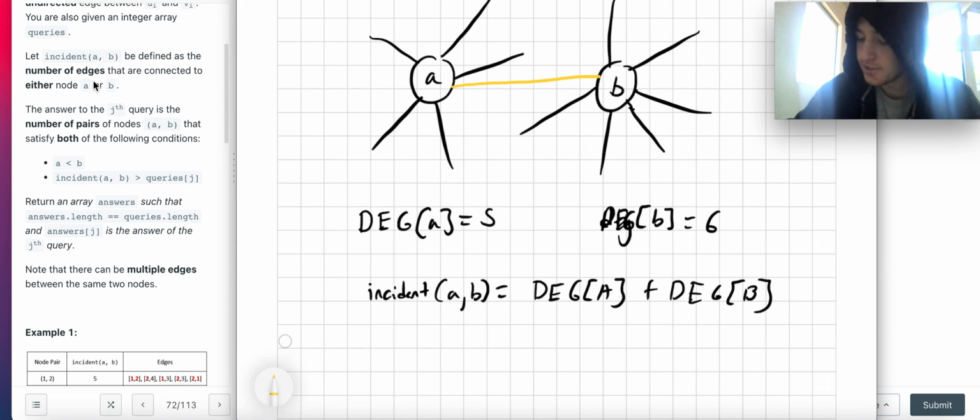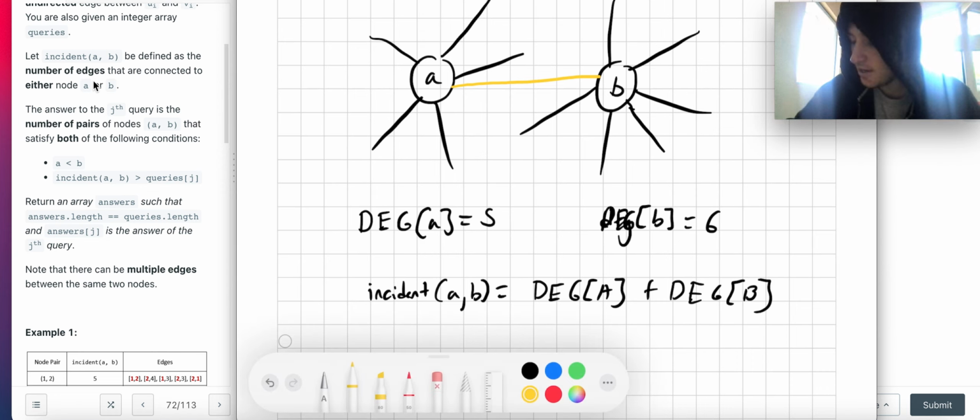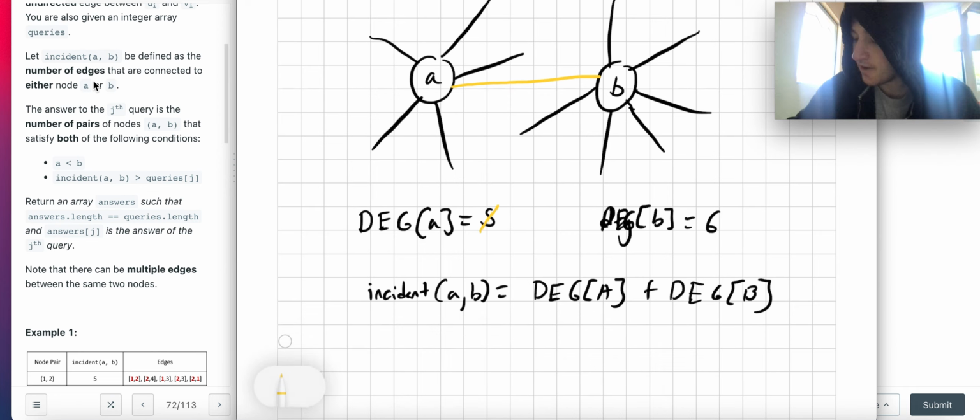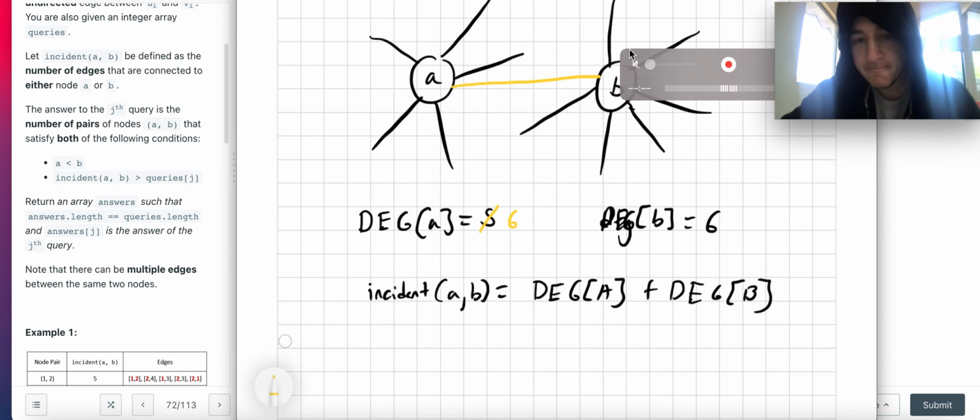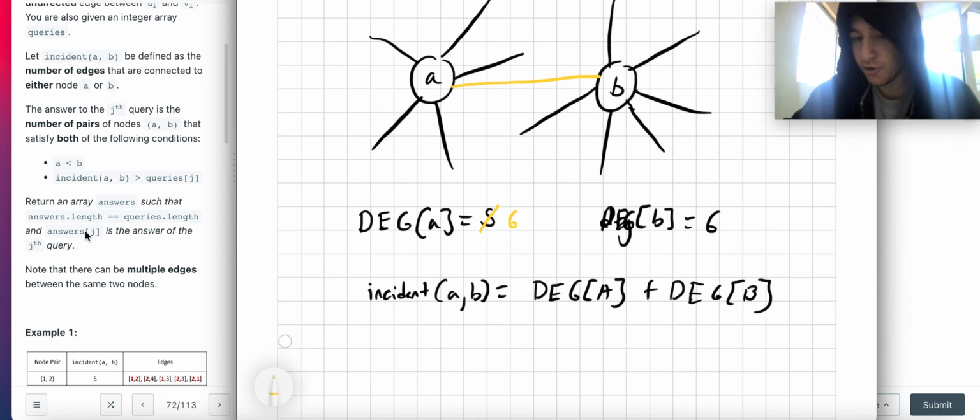Since there's an additional edge on A, that would mean this isn't 5 anymore, it's now 6. And since there's an additional edge on B, that makes it 7. 1, 2, 3, 4, 5, 6, 7.